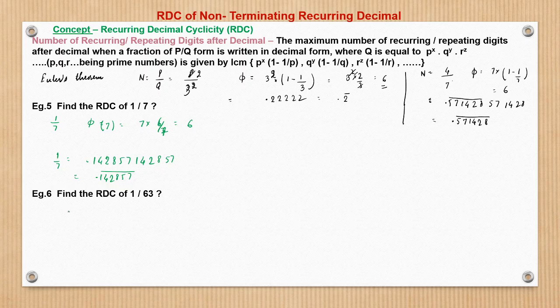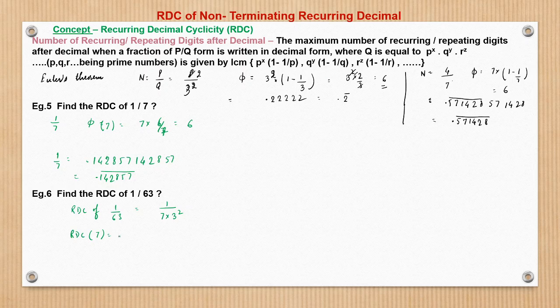Now in this question, the RDC of 1 upon 63. So 1 upon 63 is nothing but 1 upon 7 into 3 square, right? Well, we have two primes here. If it is in the form of p raised to power x, q raised to power y, r raised to power z, it will be the LCM of the different RDCs.